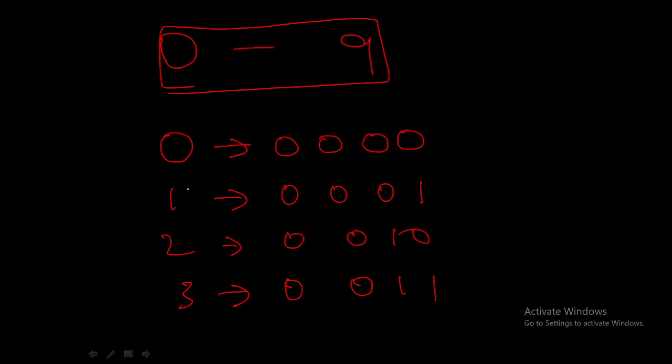We can represent the BCD of each decimal digit in 4-bit binary form. The BCD numbers for 0 to 9 are given here.